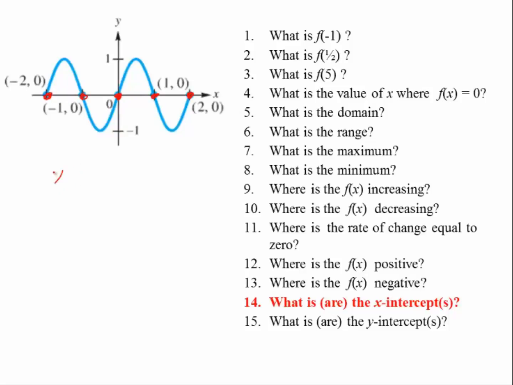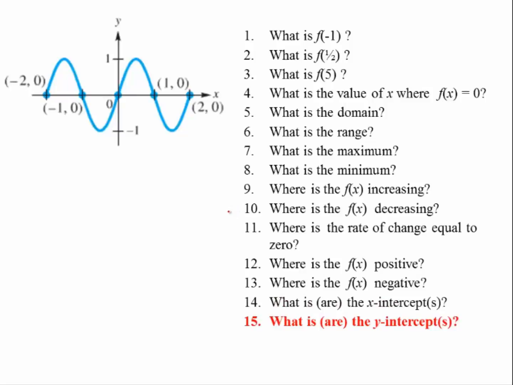Those occur at x equals -2, x equals -1, 0, +1, and +2. Now you can write these as ordered pairs if you like, or you can write it like this.